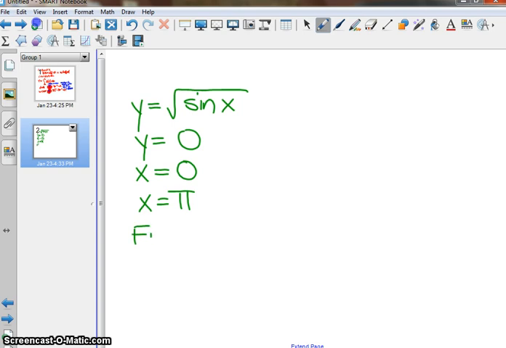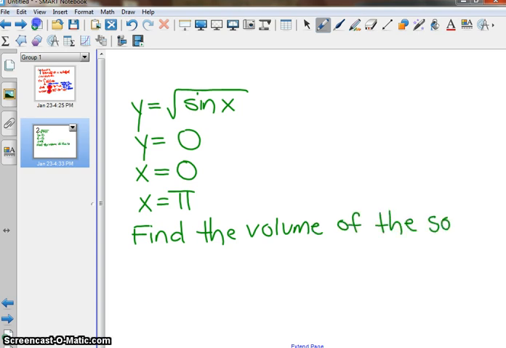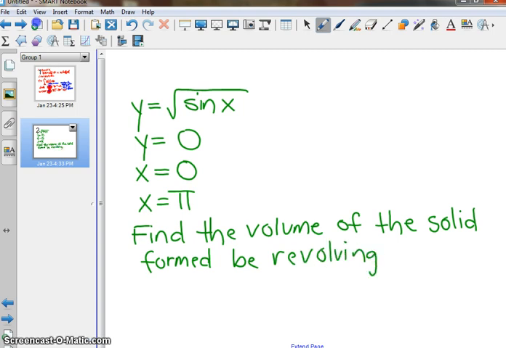You want to find the volume of the solid formed by revolving the region bounded by these four graphs.